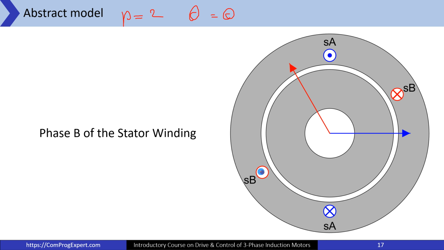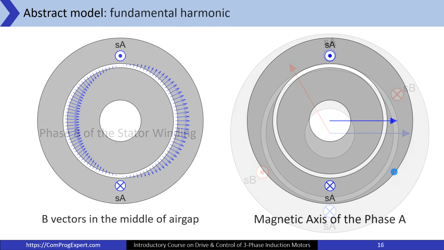This is the first zone of the phase B, and this is the second zone of the phase B. And here we have the magnetic axis of the phase B, in this direction. And finally, we have this magnetic axis for the phase C, and you can see the direction of the currents in these phase zones.